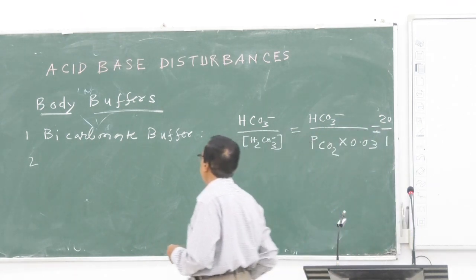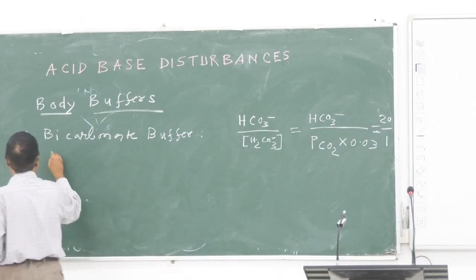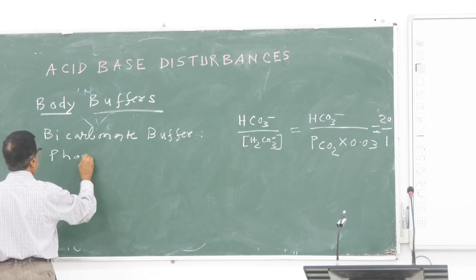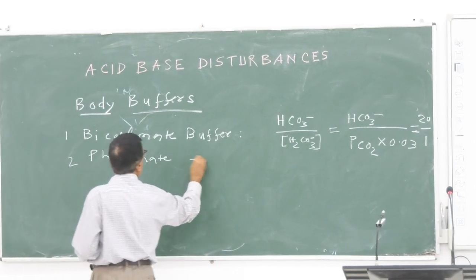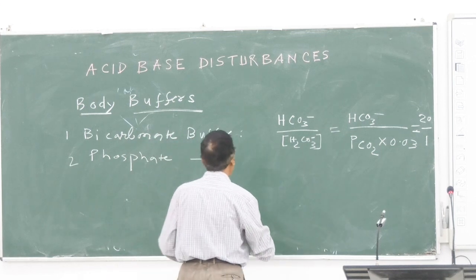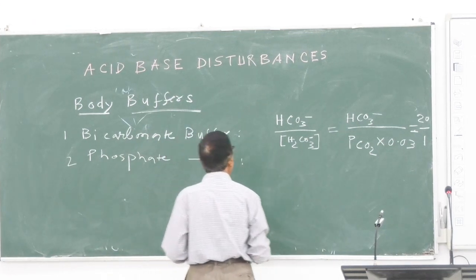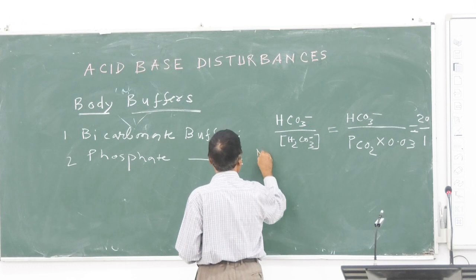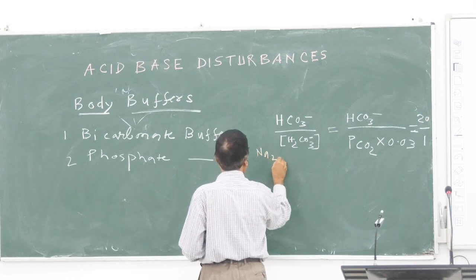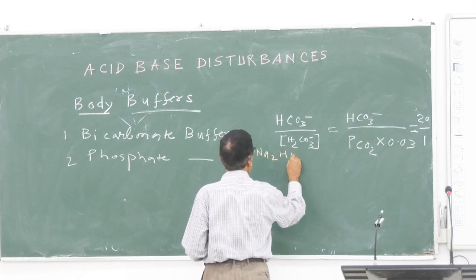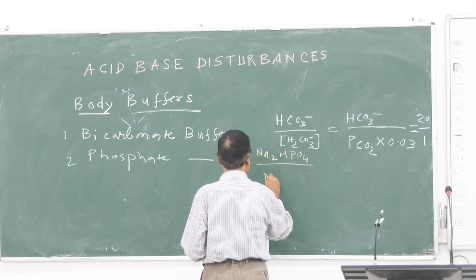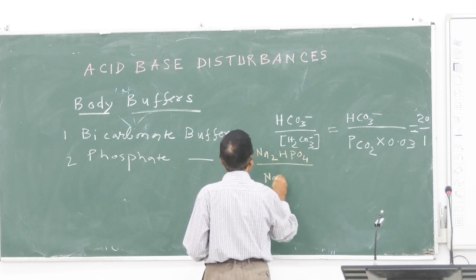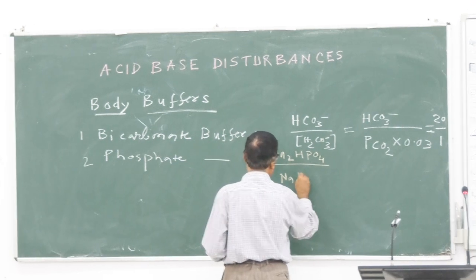Phosphate buffer is the conjugate pair; it may be sodium salt, it may be potassium salt.